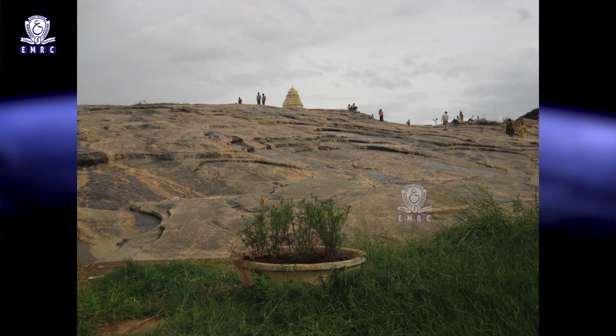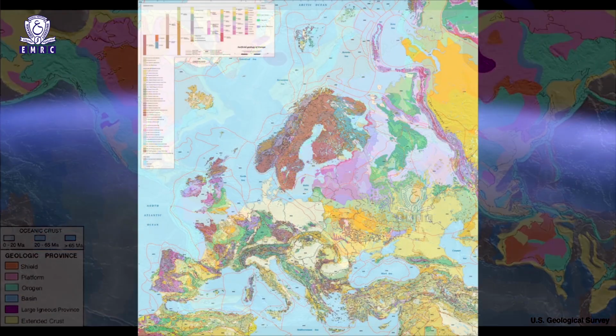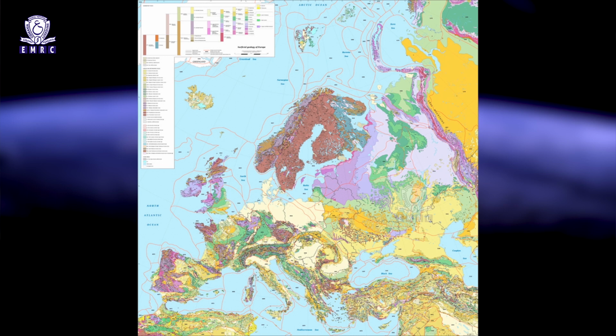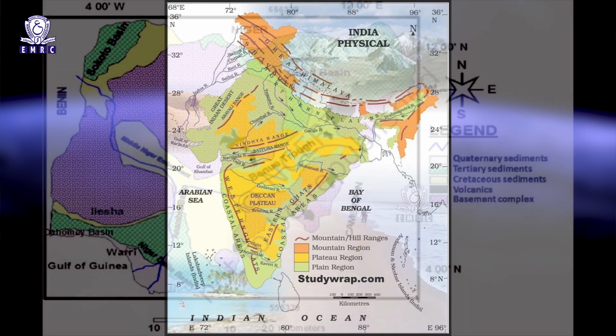are in the form of Archean gneisses and are associated with ancient stable landmasses called continental shield areas, such as the Baltic Shield of North Europe, the Canadian Shield, the Brazilian Shield, the African Shield, and the Shield of Peninsular India.